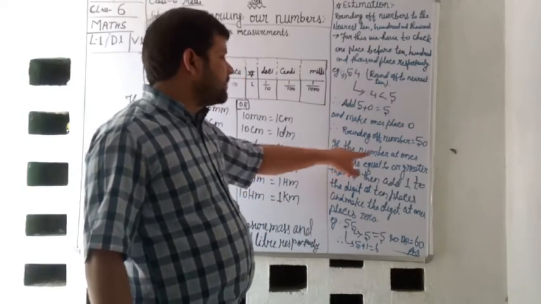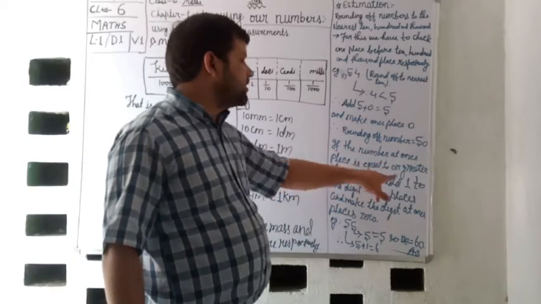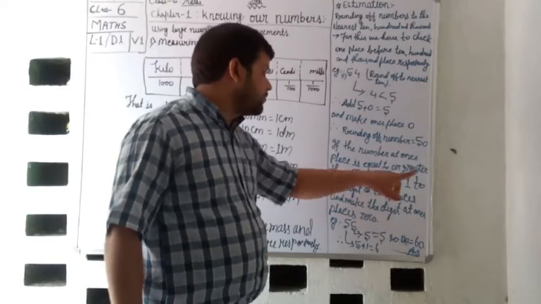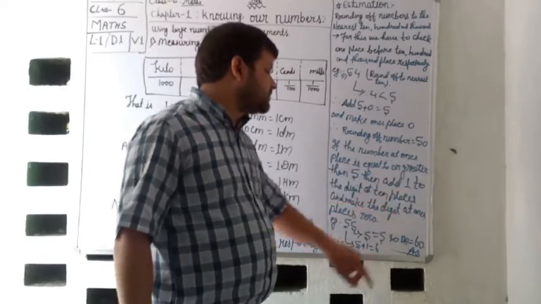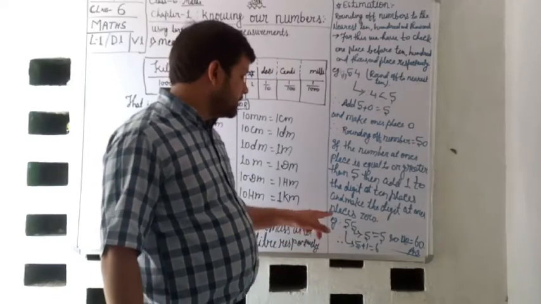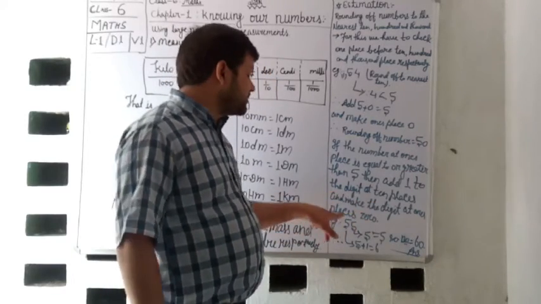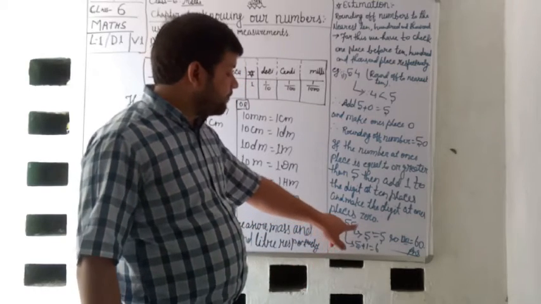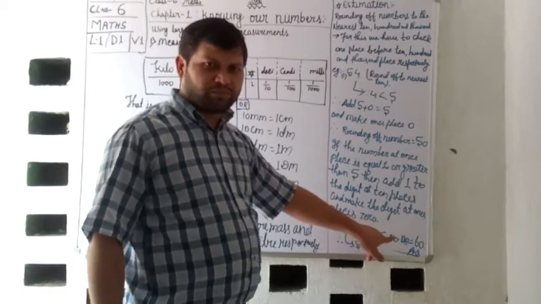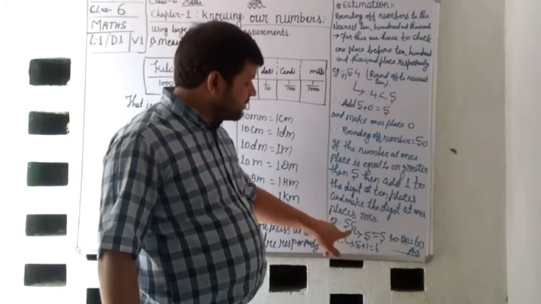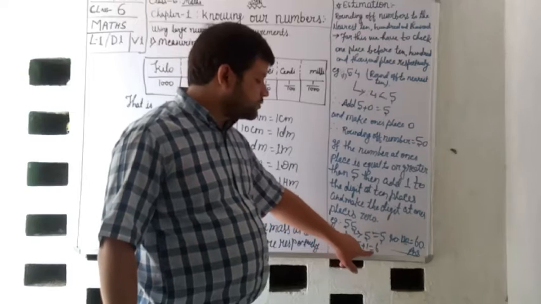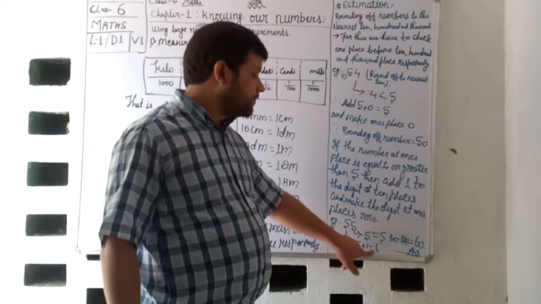If the digit at the ones place is equal to or greater than 5, then add 1 to the digit at the tens place and make the digit at the ones place 0. For example, 55: the ones digit 5 is equal to 5, so add 1 at the tens place, 5 plus 1 is equal to 6.